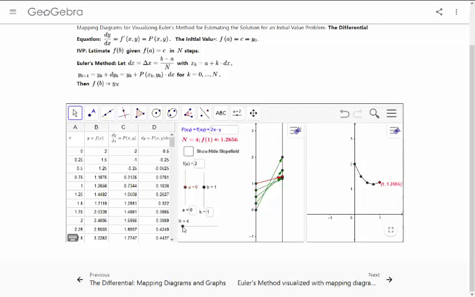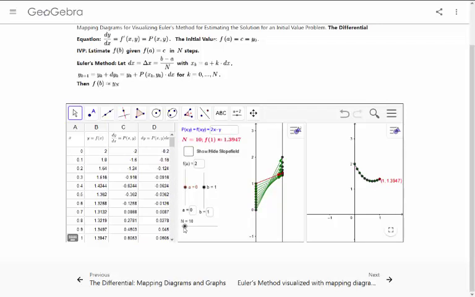We can also see in this worksheet the effect of changing the number n to give a more accurate estimate. So changing n to 5, the step size changes from 1/4 to 1/5, and we can change the value of n further to 6, 7.